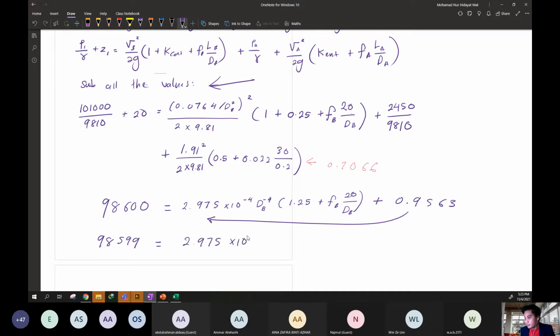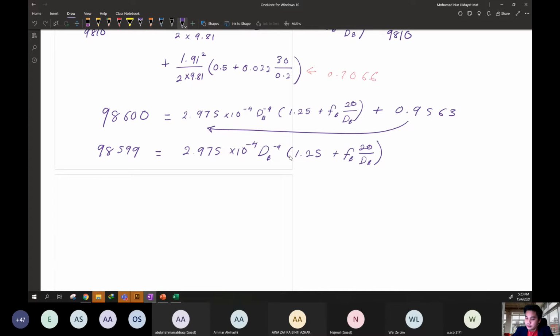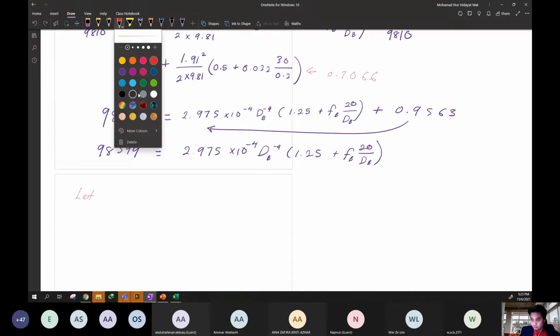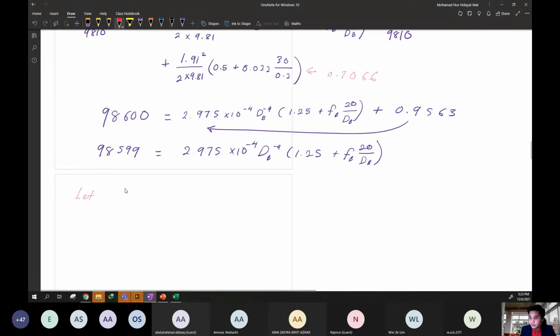2.975 multiply with (1/dB)^4 minus 1.25 plus FB 20 over dB. Okay, so this value requires trial and error.